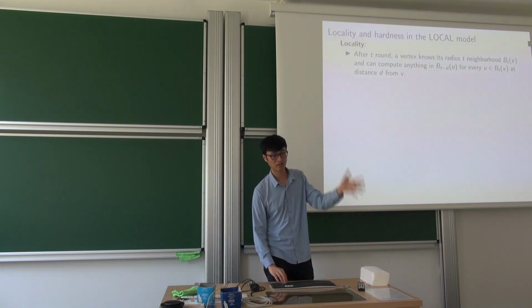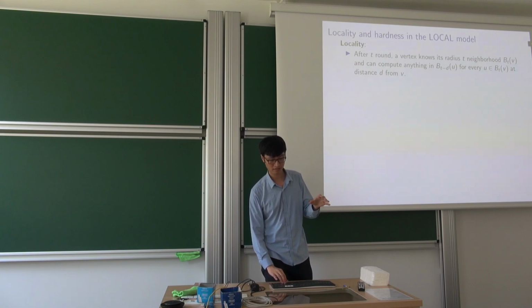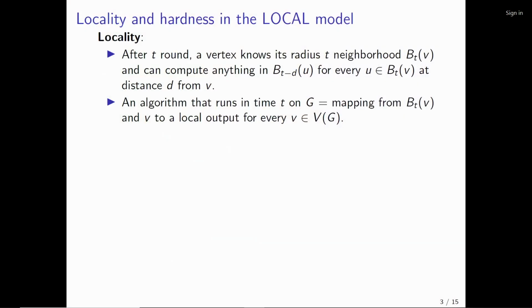And what does all of this mean? Well, it means that you can consider an algorithm in the local model just as a function that takes a pair, which is the vertex and its t-neighborhood, the ball of radius t surrounding it, and it maps this to some local output depending on your problem.